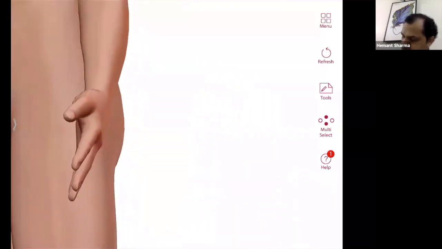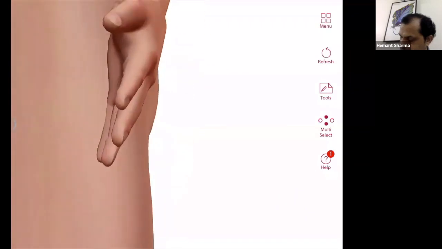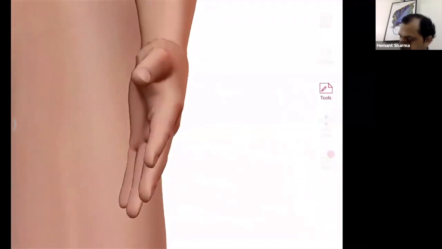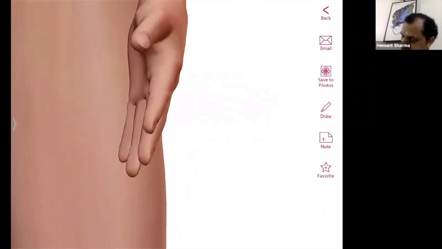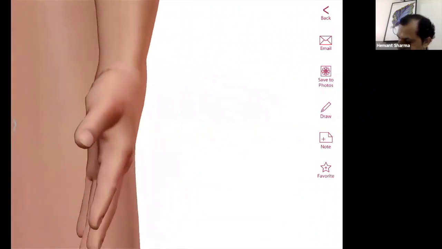So look at the index finger here. In the index finger, we know this is the junction of yin and yang, the black and white skin, and we have 3 joints here: lower joint, middle joint, and upper joint.